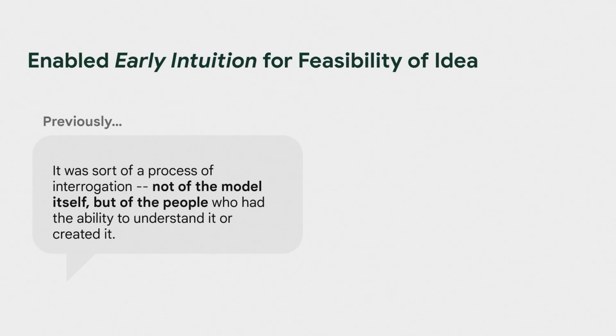We're also seeing, again, this early intuition that people can start to develop about the feasibility of an idea. Previously, they described the process like this. It was a process of interrogation, not of the model itself, but of the people who had the ability to understand it or who created it.